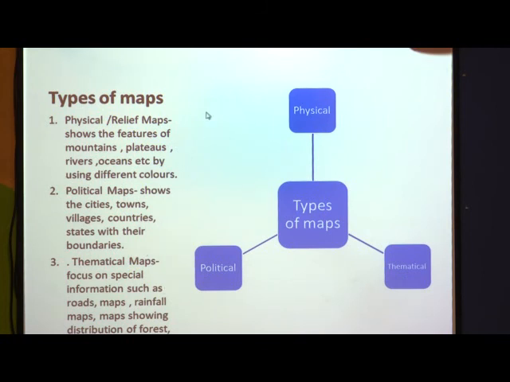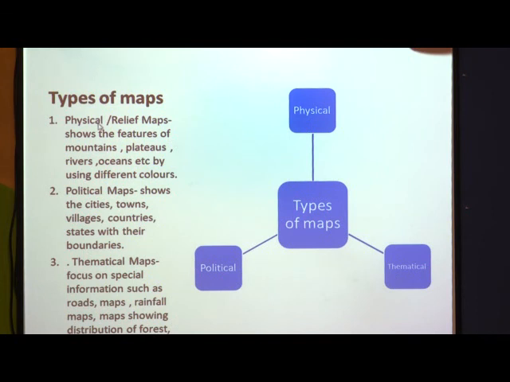So first, what do you mean by a physical map? A physical map is also called a relief map. Whenever you come across a map, children, and you see that only mountains or plateaus are given, or it shows information about rivers and oceans using different colors, then you have to identify it as a physical map.